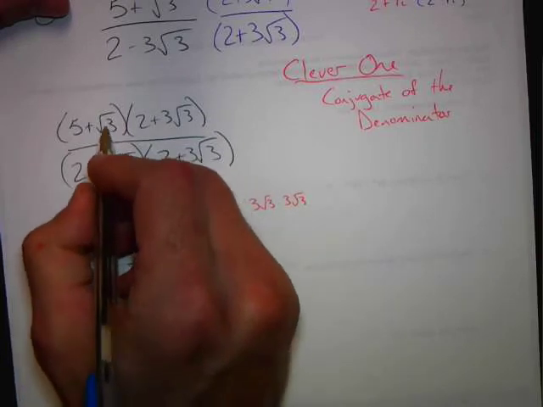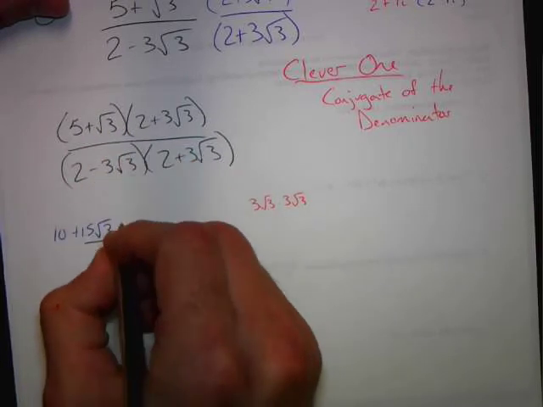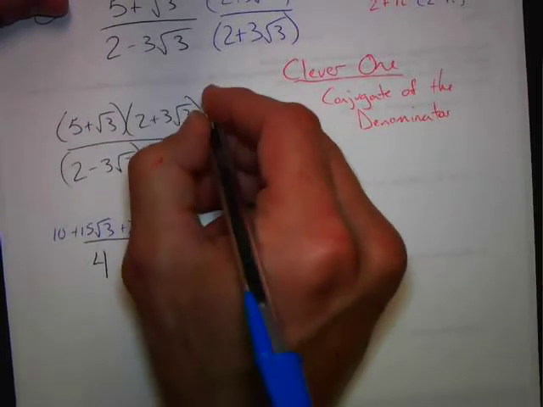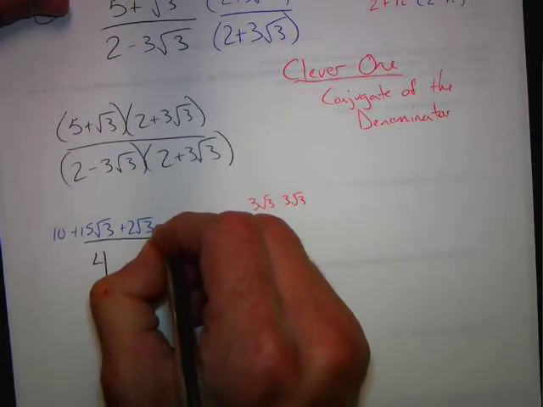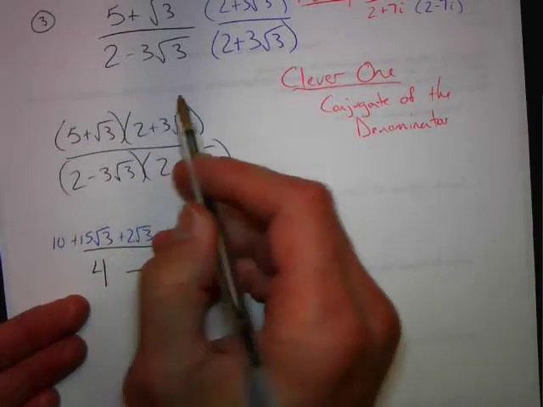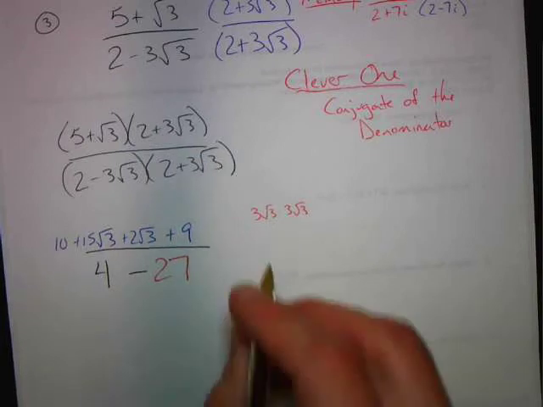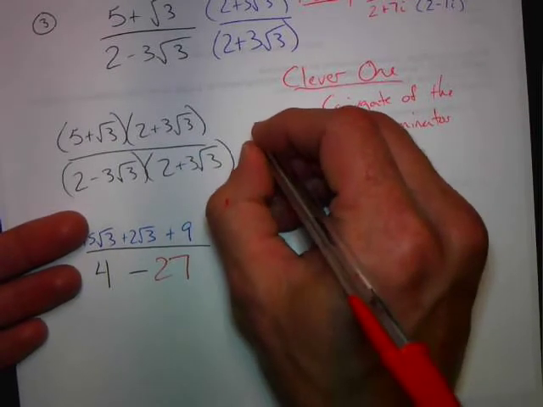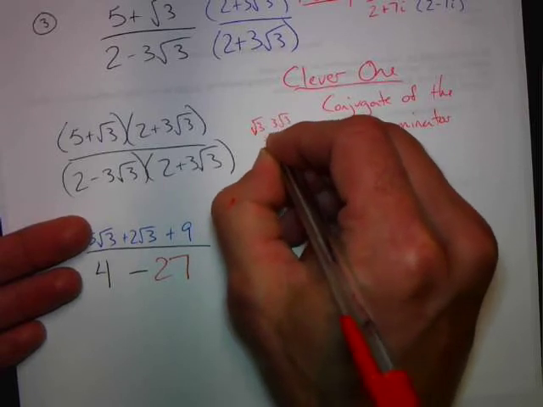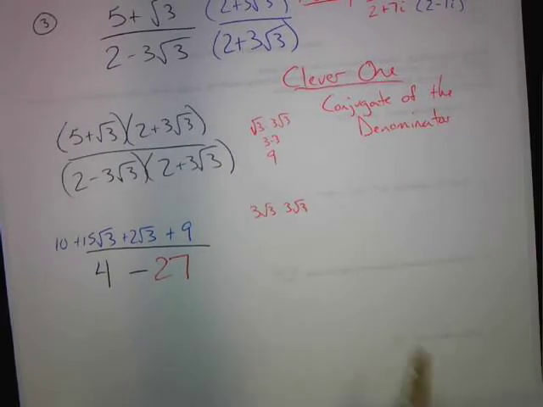And then root 3 times 2 is 2 root 3. And then root 3 times 3 root 3: root 3 times root 3 is 3, and 3 times 3 is 9. Now we just simplify everything and we are good to go.